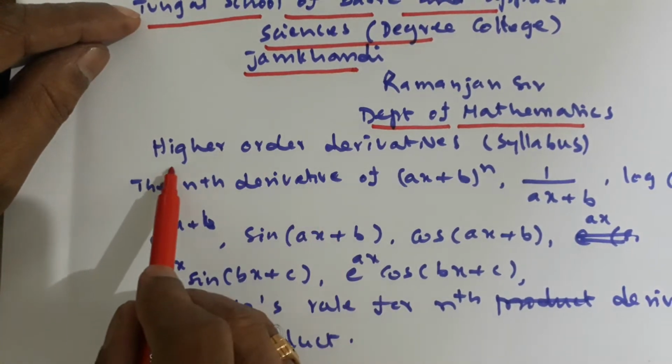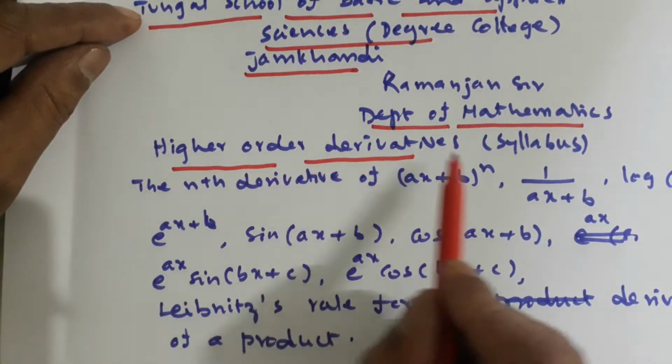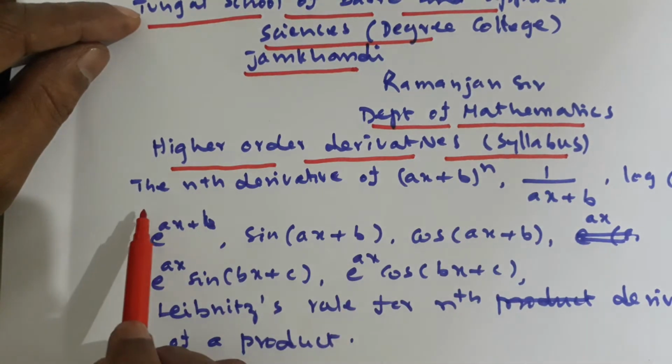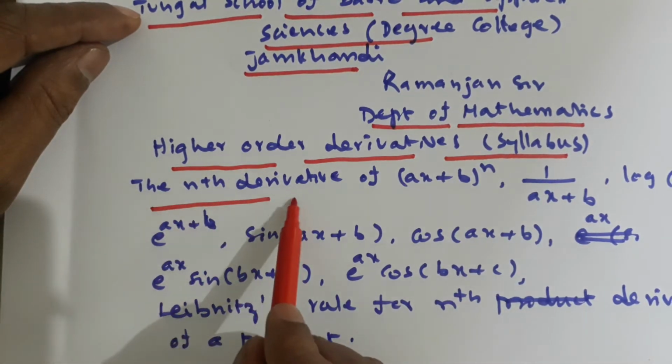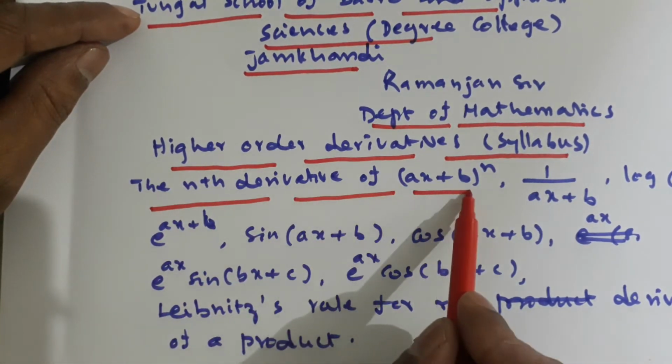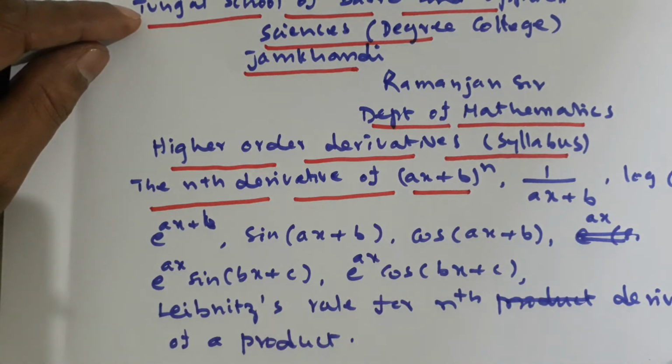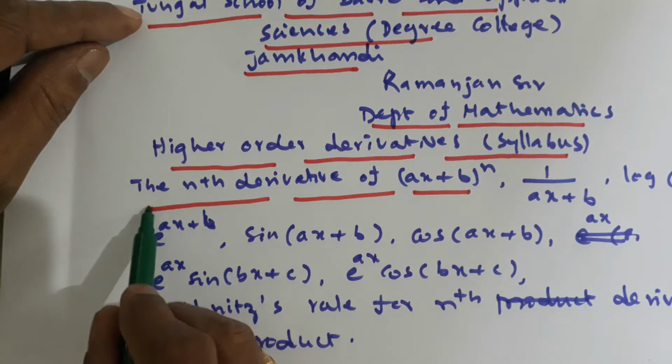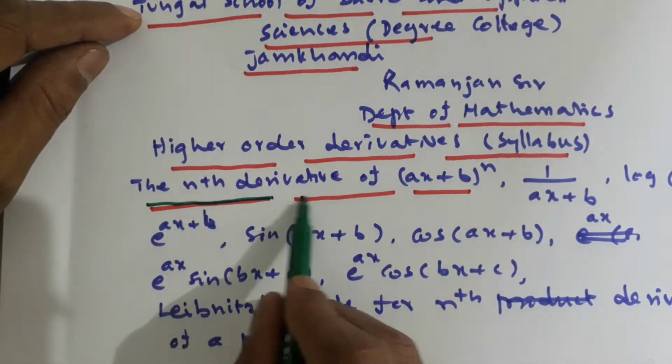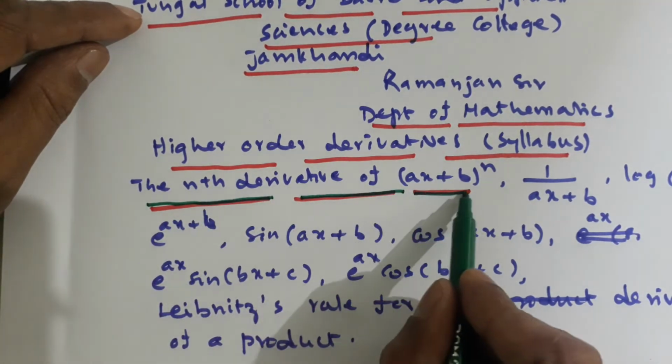Right, higher order derivatives syllabus. The nth derivative of (ax plus b) whole power n.